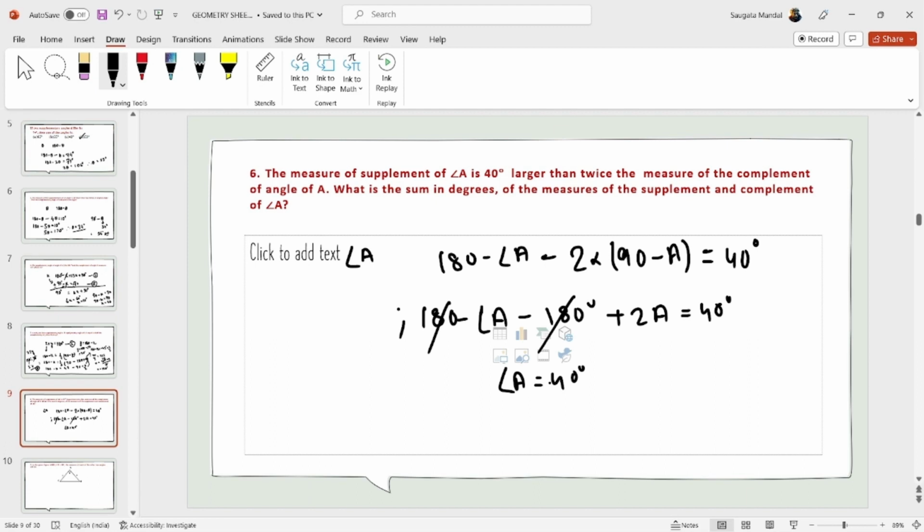What is the sum in degrees of the measures of the supplement and complement of A? Complementary angle of A is 90 degree minus 40, that is 50 degree. And what is the supplementary angle of the angle A? That is 180 degree minus 40, that is 140 degree. This is the complementary angle and this is the supplementary angle. What is the sum of this? 190 degree. This is the answer of this question.